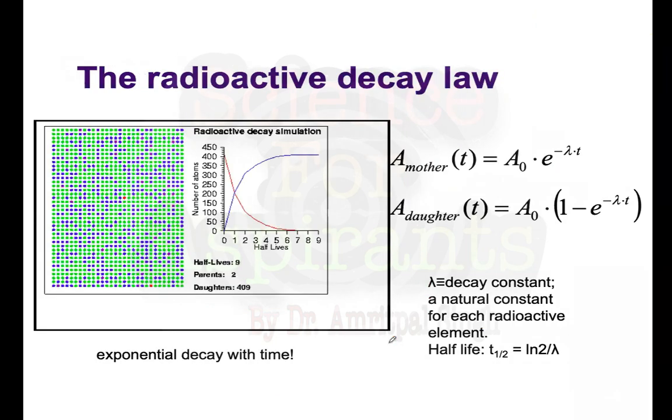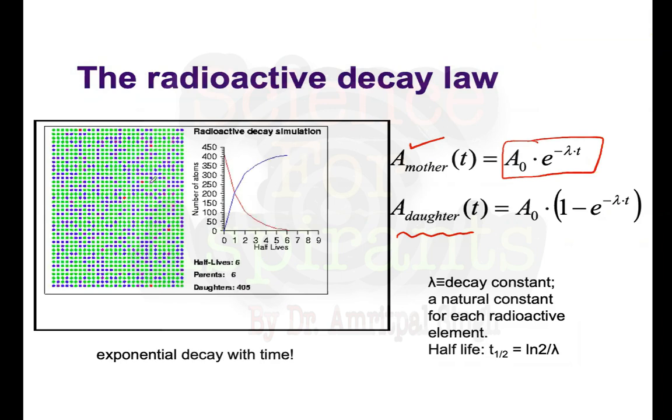So this is the radioactive decay law. You can see that this is the mother or parent nuclei which is being decayed, and from that you can calculate the amount of daughter nuclei converted from the parent nuclei using this equation.